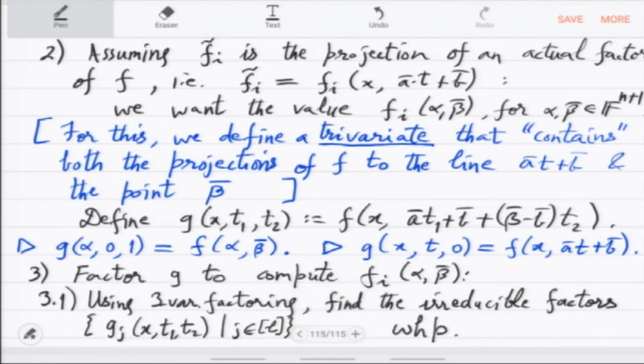So Gj are the factors of the trivariate, and then by looking at Gj and Fi tilde, you will be able to set up the correspondence. Okay, which Gj corresponds to which Fi tilde. That correspondence you will set just by inspection.